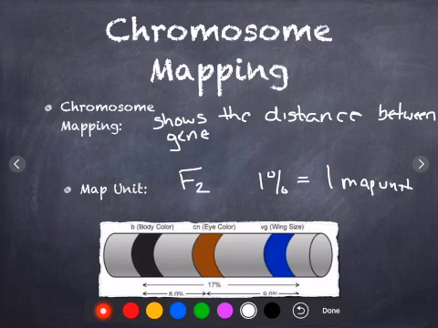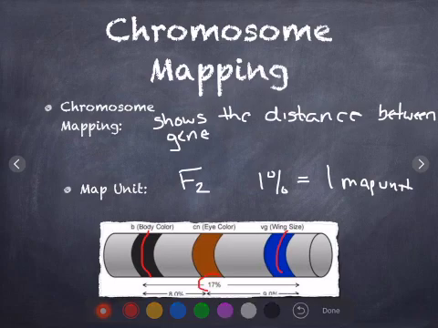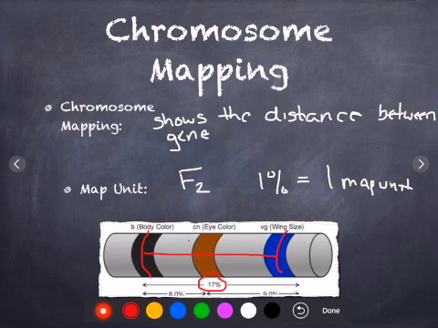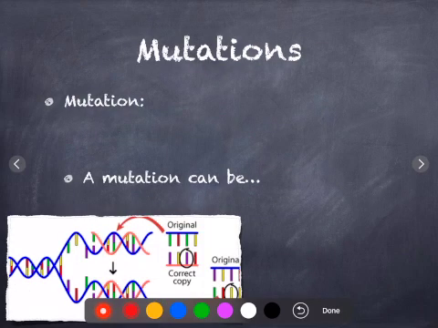So for example, we see down here, body color and wing size. They are 17% of the time associated with each other. What that says is that they are 17 units apart from each other on that chromosome. Okay? So the lower the percentage that they are associated with, the closer they are together.